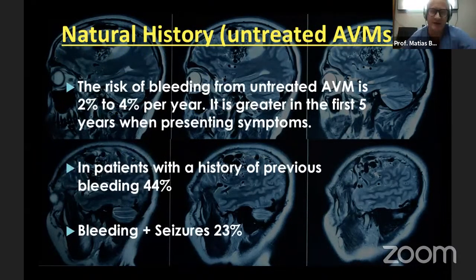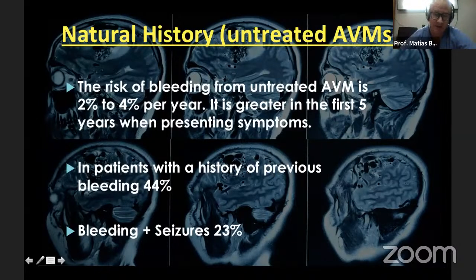Regarding the natural history of untreated AVMs, we know that the risk of bleeding from an untreated AVM is from 2 to 4% per year. It is greater in the first 5 years when presenting with symptoms, like in our case. In patients with a history of previous bleeding, the literature reports a percentage as high as 44% of bleeding annually.